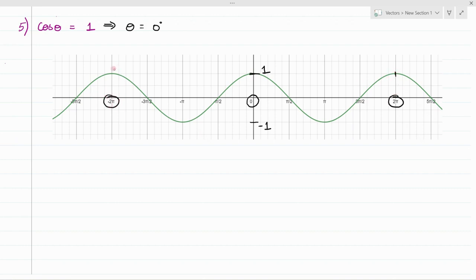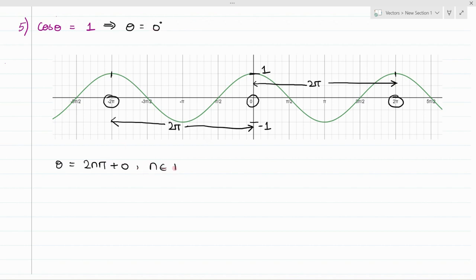Again, for minus 2 pi, the cos value is 1. If you observe the difference between 0 and minus 2 pi, only the magnitude, it is 2 pi. Similarly, here also the difference is 2 pi. So we can write theta as 2n pi plus 0, because theta is 0, where n belongs to all the integers.